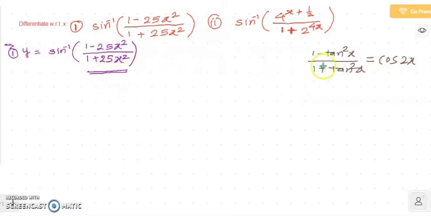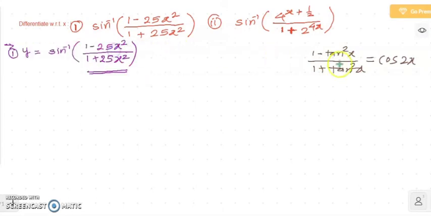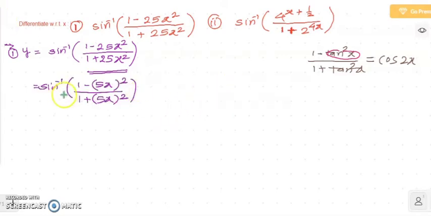So it will be better if I write tan x equal to, in this case, 25x square's root, meaning 5x. This will be better seen as sine inverse of 1 minus 25x square, which is 5x whole square, upon 1 plus 25x square, again written as 5x whole square.